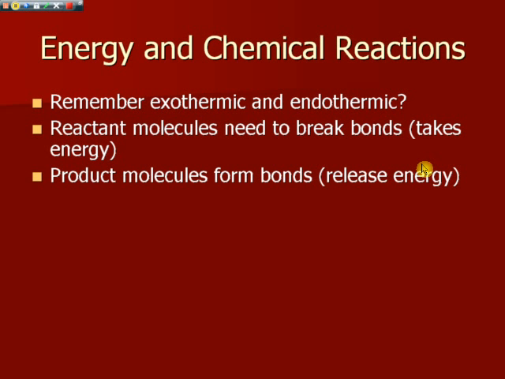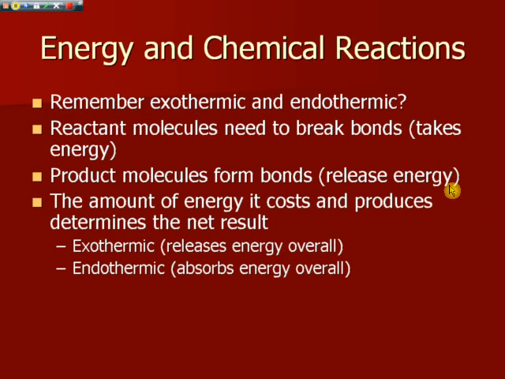So the overall quality of the reaction, whether it's exothermic or endothermic, depends on the amount of energy it costs to break the bonds, related to how much energy is released coming from making the bonds. Again, the amount of energy it costs and produces determines the net result. And if it's an exothermic process, that means that it releases energy overall. And if it's an endothermic process, that means it absorbs energy overall.